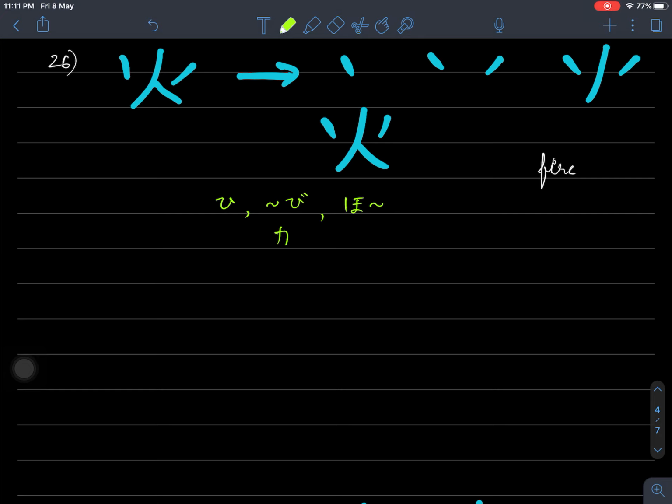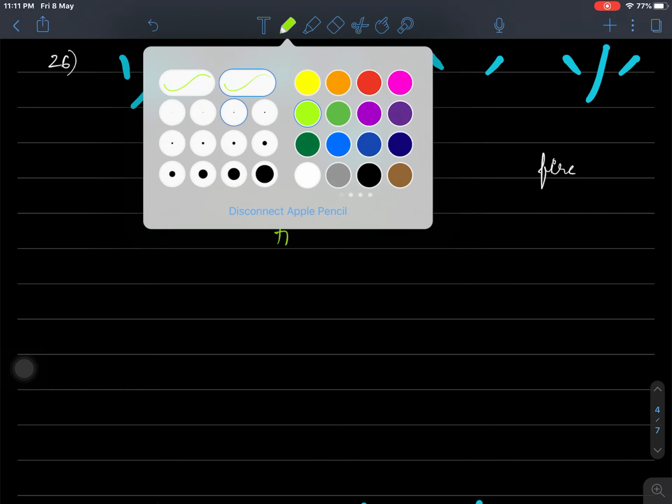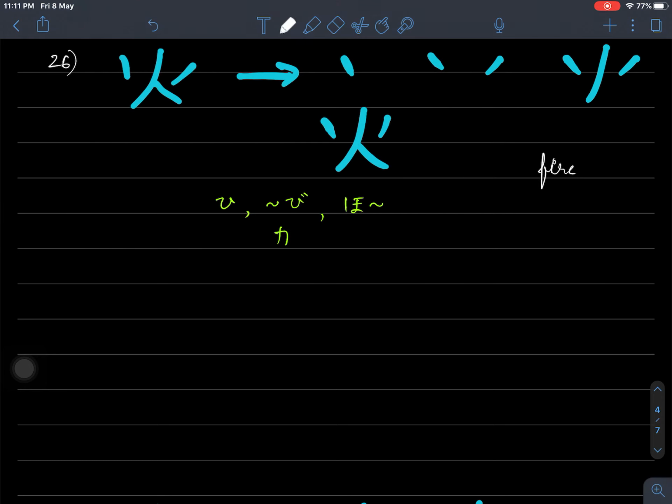So it's pretty obvious now, or rather, if the drawing was good, I think it's pretty obvious how this can be recognized as fire. Now let's have a look at some of the words. So as I was saying just a few minutes ago, the days of the week are named after some planets in the solar system, and each of those planets is associated with specific elements.